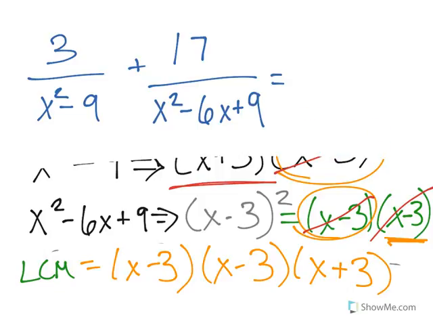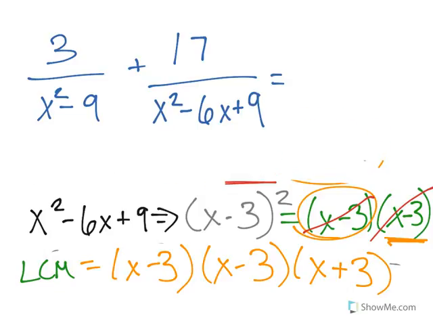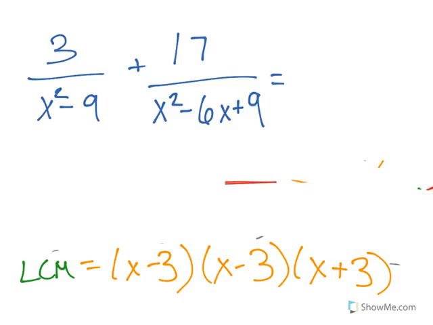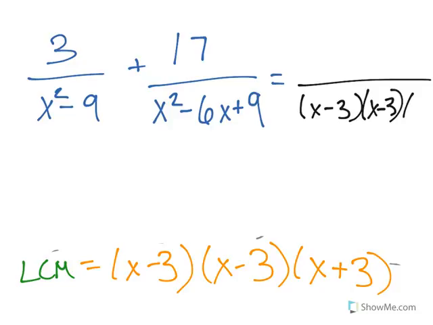Just to make it easier, I won't distribute and expand the denominator, and so I will leave it as x minus 3, x minus 3, x plus 3. And so we know that x plus 3 times x minus 3 is x squared minus 9.